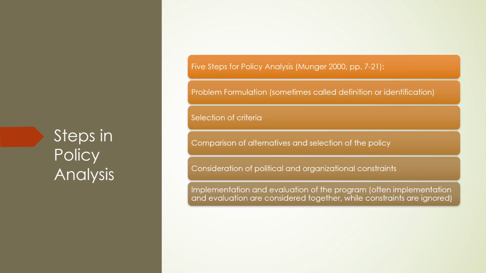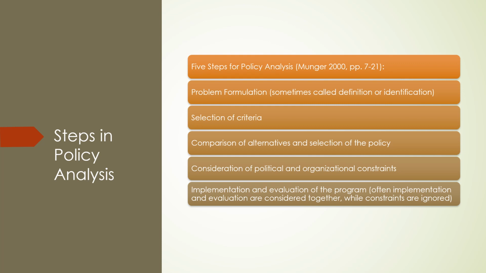Munger suggested that there's 5 steps in policy analysis. One would be problem formulation. Sometimes we call this problem definition or problem identification. Next, we have the selection of criteria, followed by comparison of alternatives and selection of the policy, consideration of political and organizational constraints, and then finally implementation and evaluation.